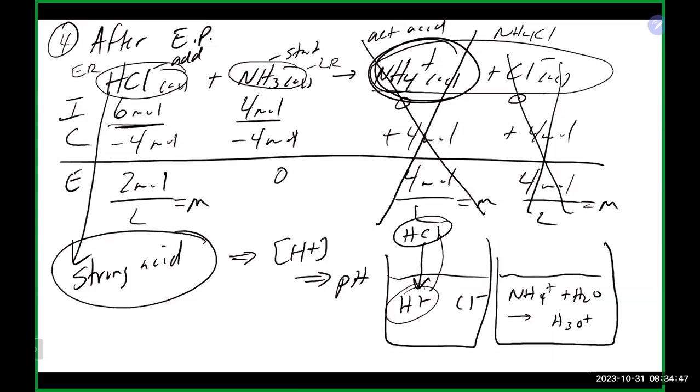So because this is a strong acid, a strong electrolyte, as soon as you drop it in there, you just beefed up the H plus concentration. And it's really between the two, even though this guy is generating some, this is going to be where the major amount of H plus is coming into the solution, because it's a strong electrolyte and just going to break apart pretty much completely. Other questions?